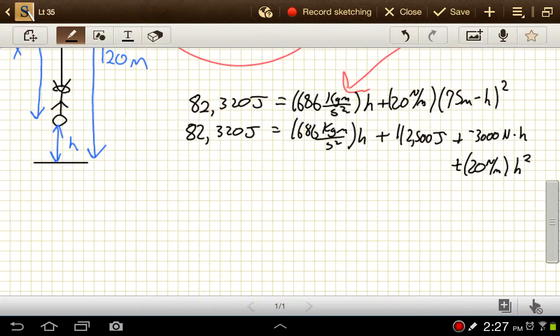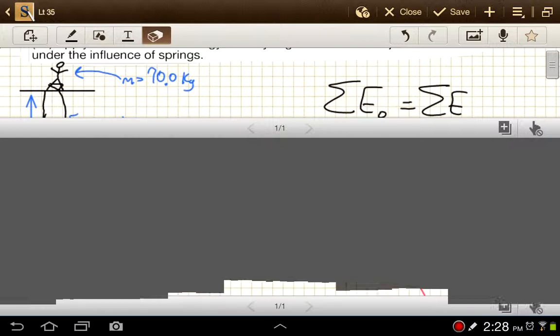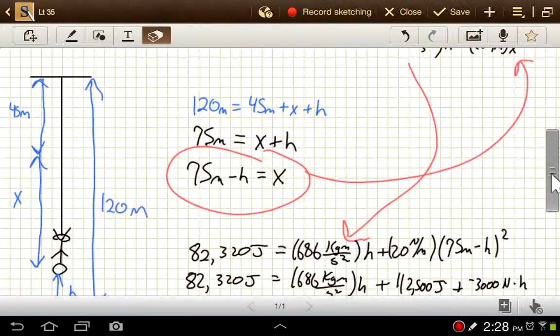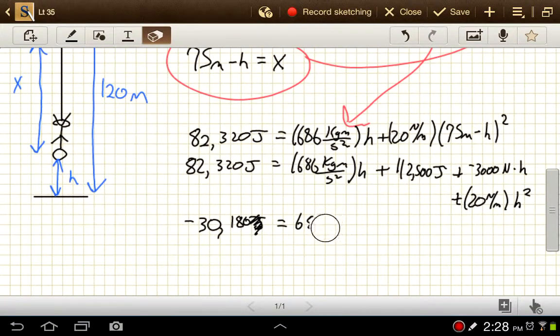So I'll move the 112,500 to the other side. And we get over here, negative 30,180 joules is equal to, I'm just going to get rid of these units. These are making this a little tedious to write. 686 h plus the negative 3,000. There we go. 686 h plus the negative 3,000.